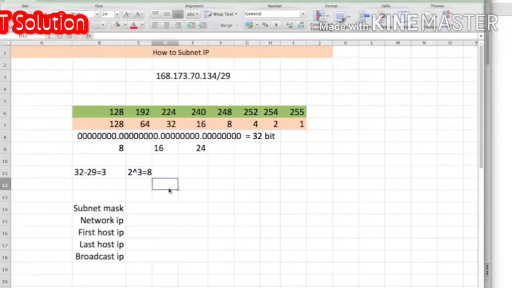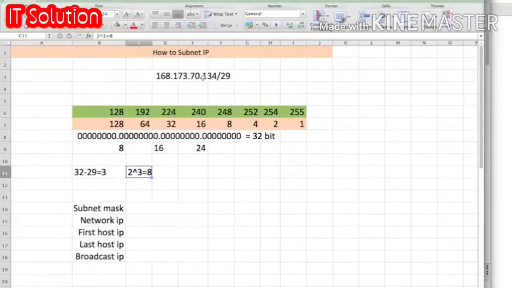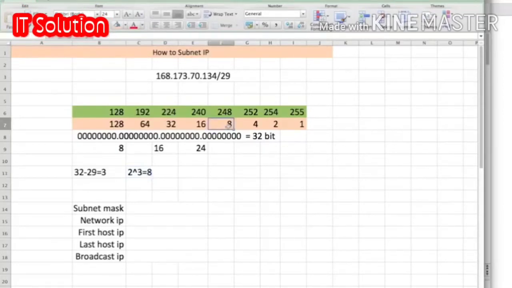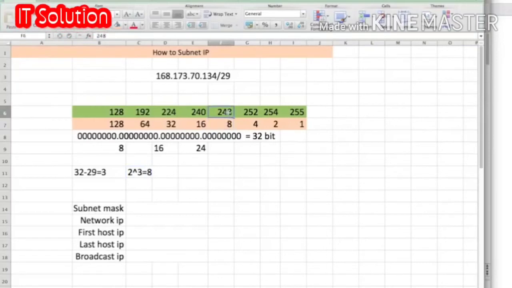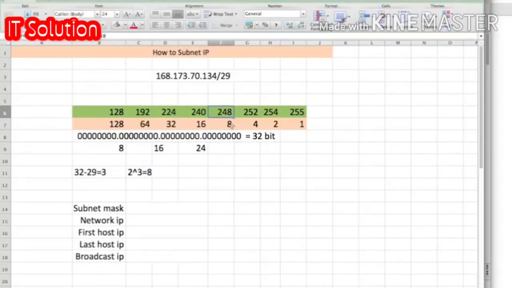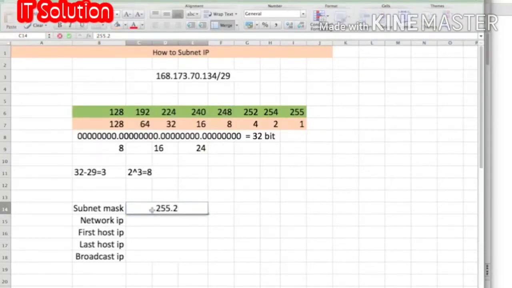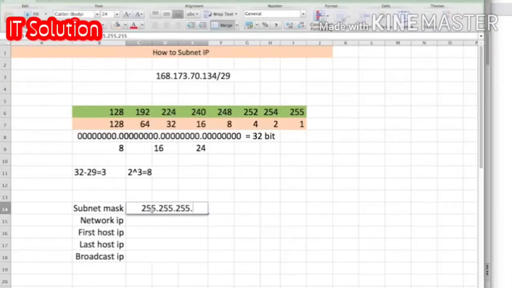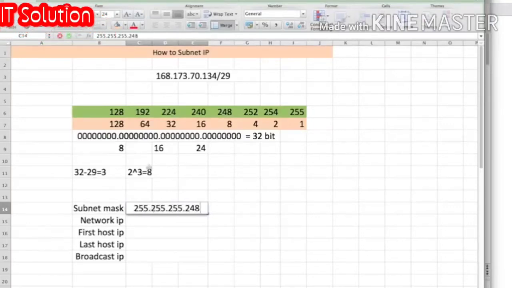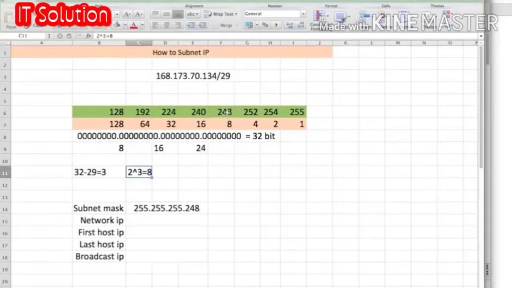So now we know this network, they increment in 8. So it's 8, and then we look at 8, and we look at 8 right above it, and that's 248. From the chart, that's 248. Well, there you go. That's your subnet mask. So it's 255.255.255.248. 8, and we just look at it right above it, 248.